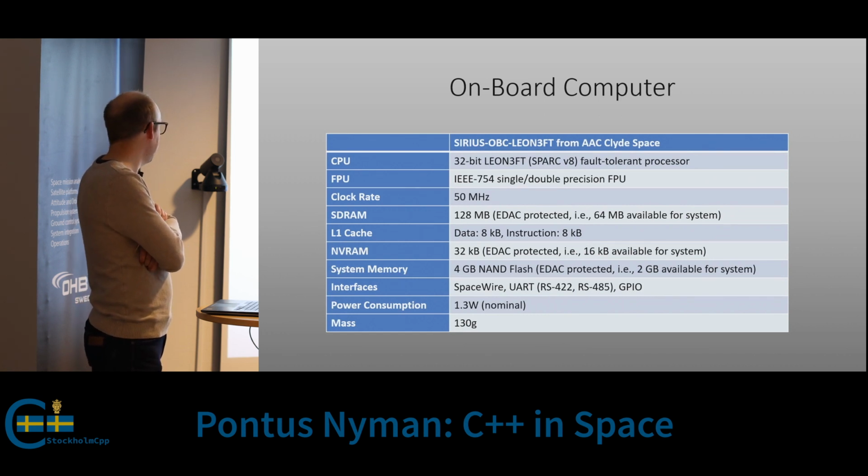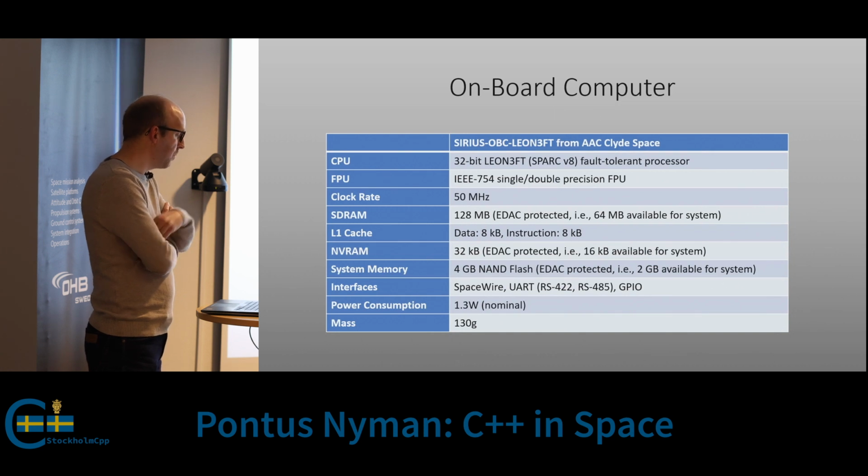Then we have a level 1 cache that's much smaller than on your PC. We have a special memory, a non-volatile RAM, that we can use for stuff that we want to store between reboots, basically.